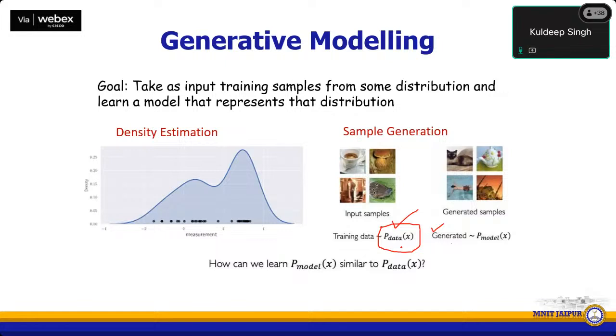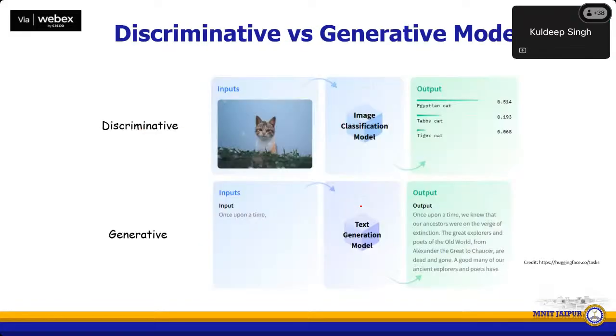The whole idea of generative modeling is how can we learn p model x which is similar to p data x, which is derived from the input samples or the training samples, right? So broadly, we can divide the deep learning models into two types.